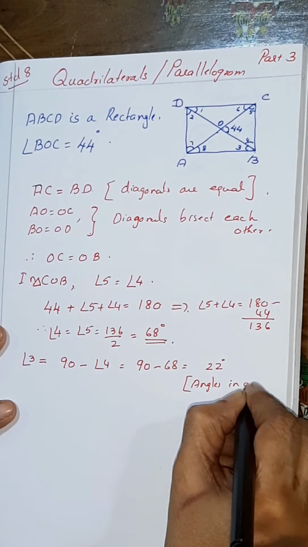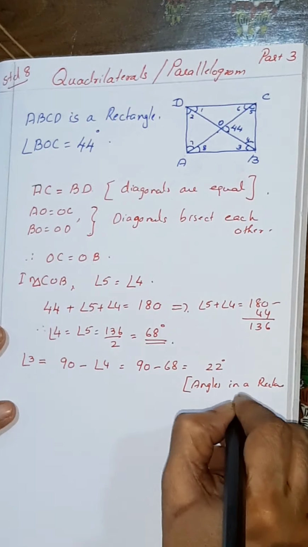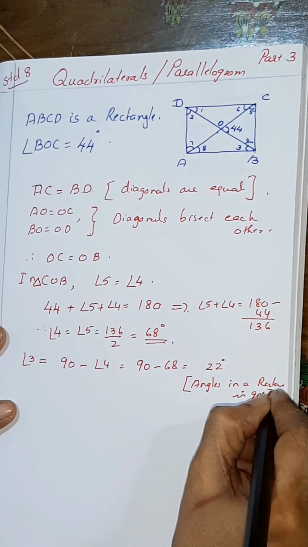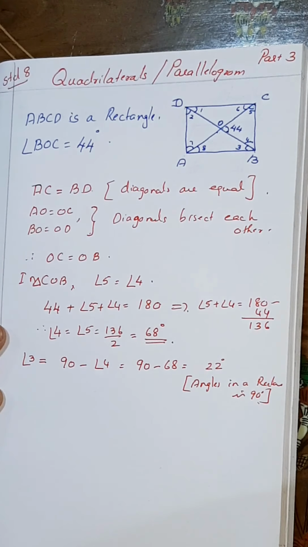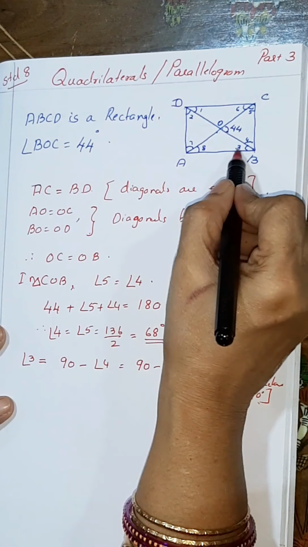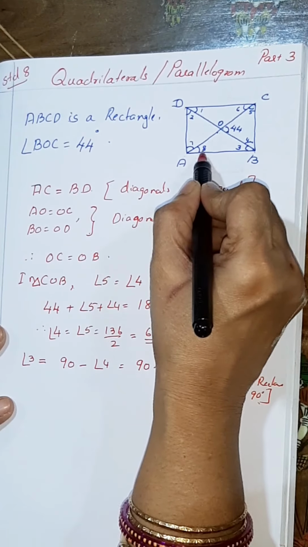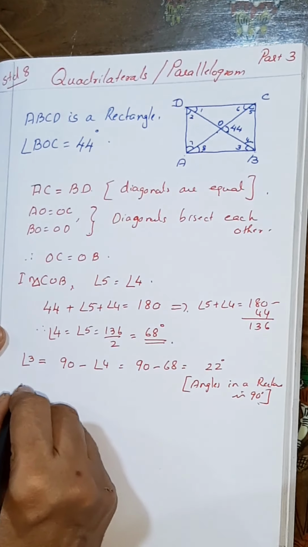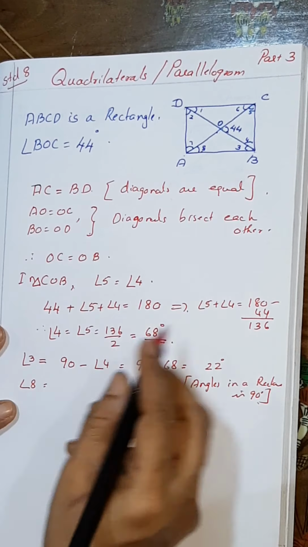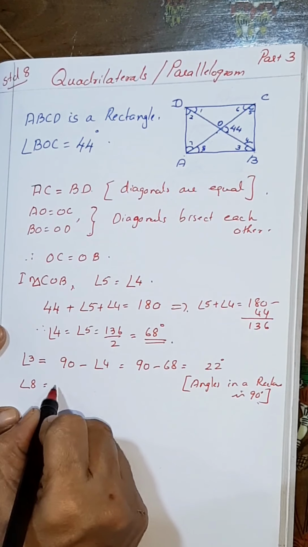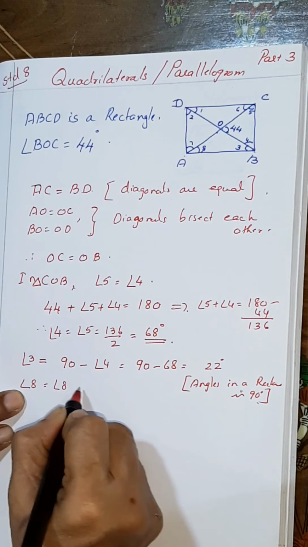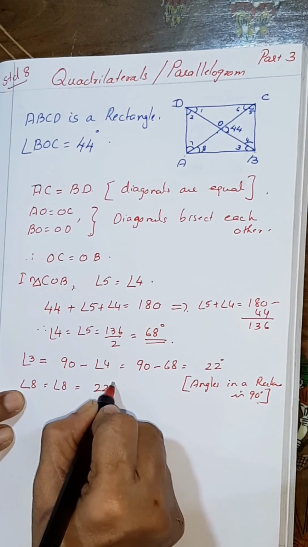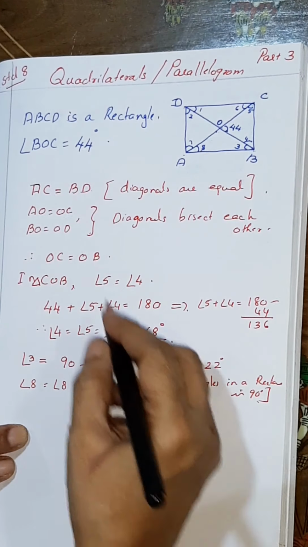Angles in a rectangle are 90 degrees. Now angle 8 will be, similarly, since OB is equal to OA, angle 8 is equal to the same value, angle 3 equal to angle 8, so equal to 22 degrees.